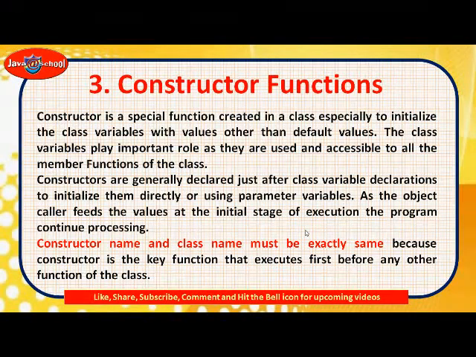That means the user has to invoke the class, and as you invoke the class, the constructor will start its work first. And the first work that it will do is, according to the parameter, it will ask you to enter the value to initialize the class variable. And once the class variable is initialized, it will continue the processing of the program.